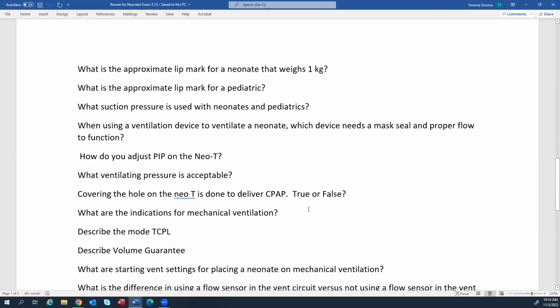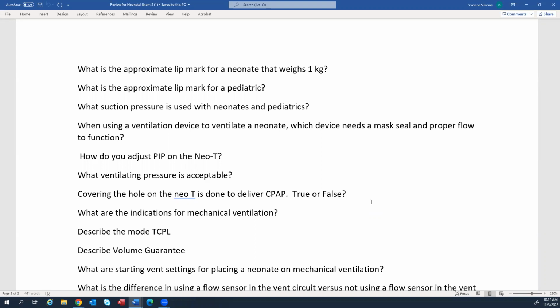Okay, and then there's a true-false question thrown in here. The question reads, covering the hole on the NEOT is done to deliver CPAP to the baby. Is this true or is this false? The answer is false. When you're covering the hole on the NEOT, you are giving a positive pressure breath. CPAP is during exhalation or not covering the hole.